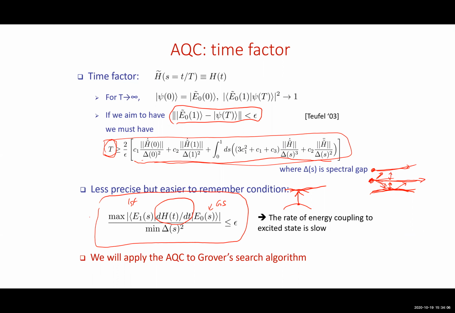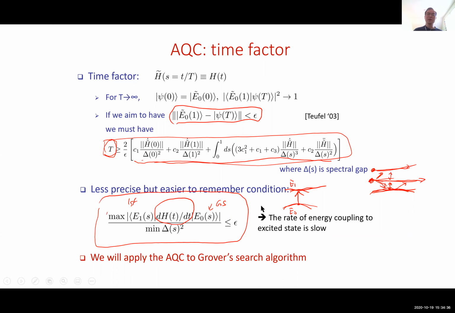So E0 and E1 are the energy levels 0 and 1. E0 is the ground state, E1 is the first excited state, and delta is the energy difference between them. For the top expression, because we're trying to make a really conservative estimation, we want to find the maximal rate.